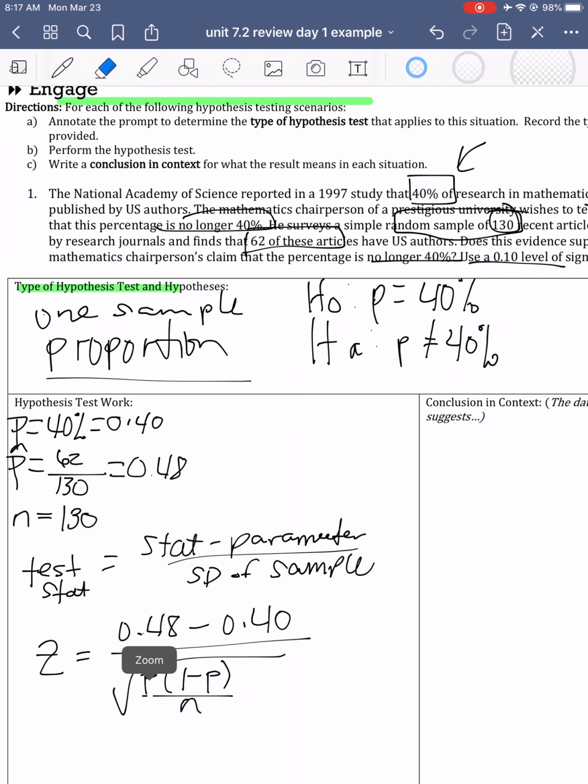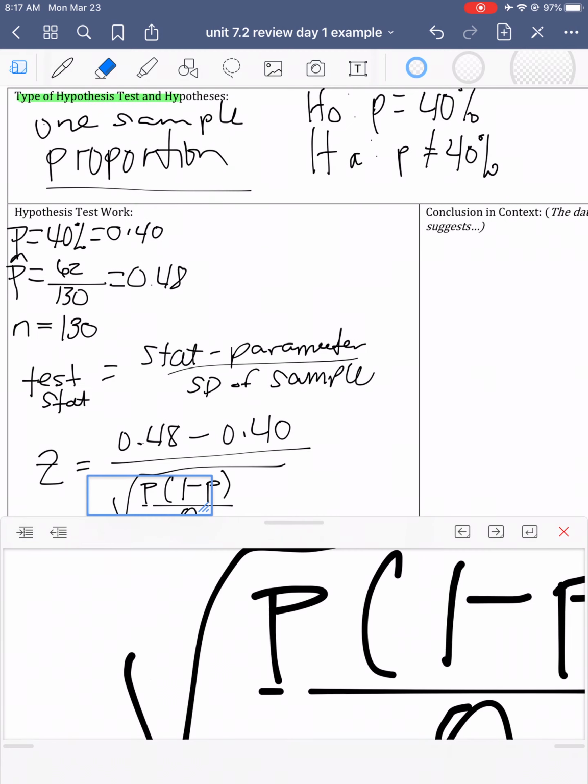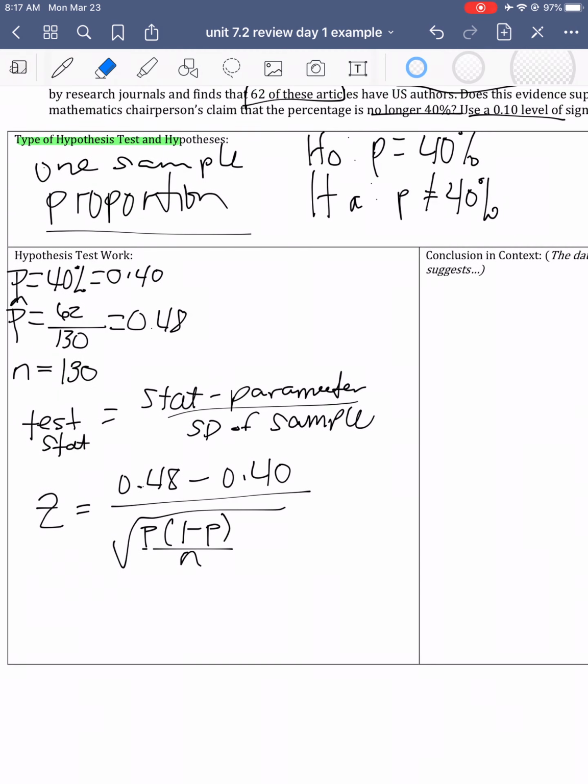I want to use 0.4 as my p in my denominator. So my denominator here is 0.4 times 1 minus 0.4, all over 130.